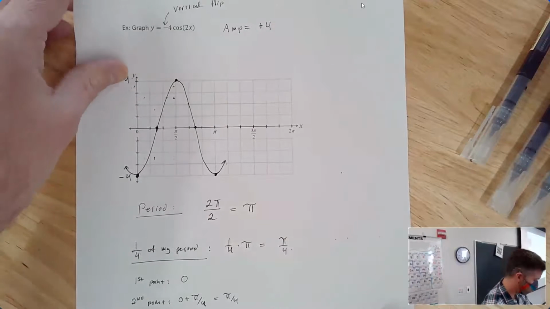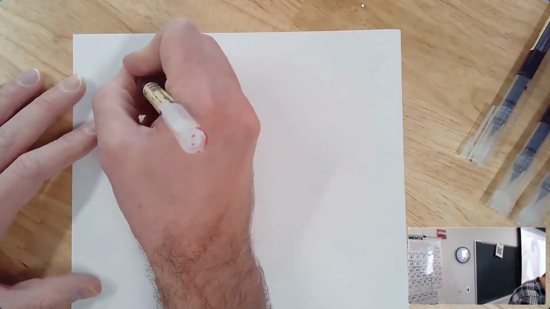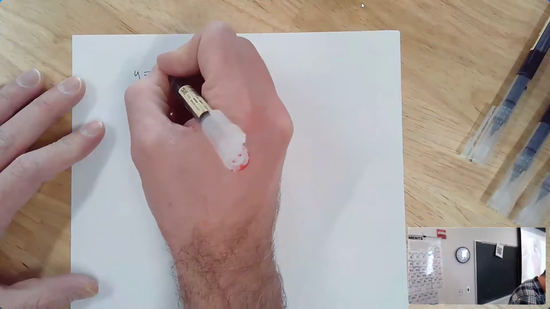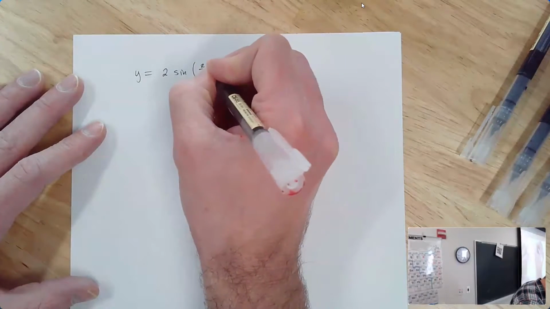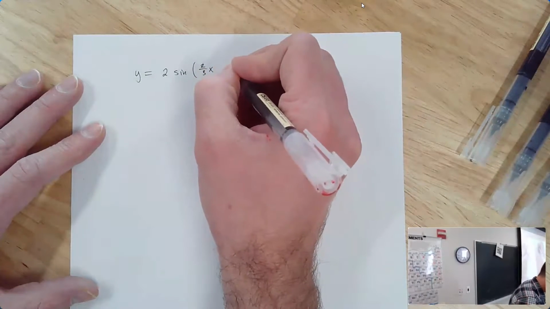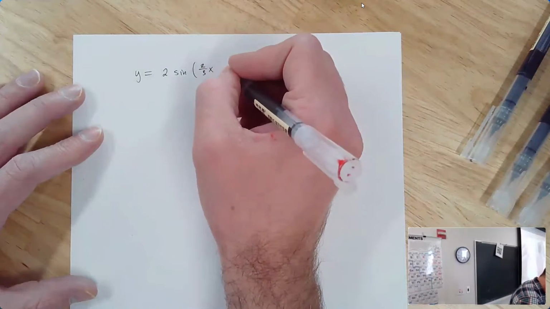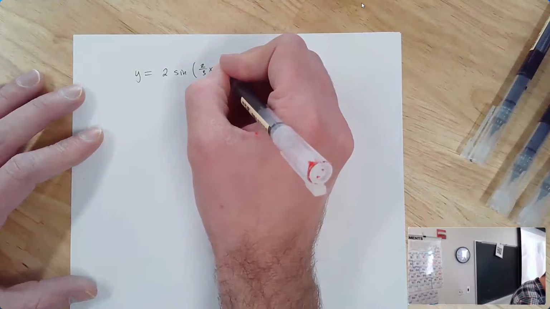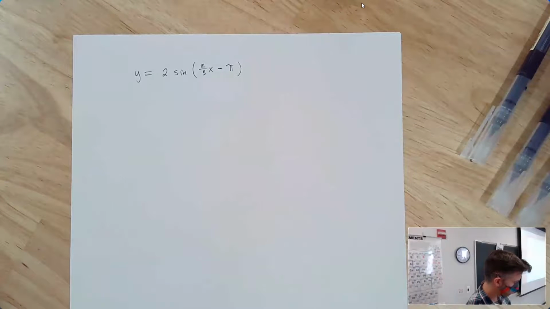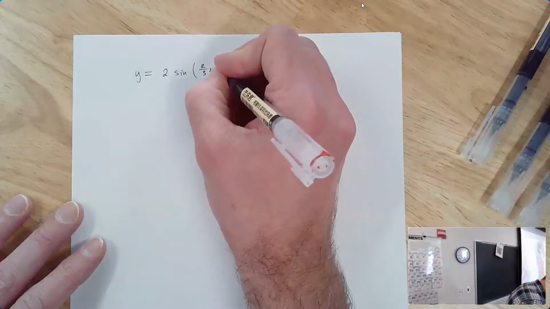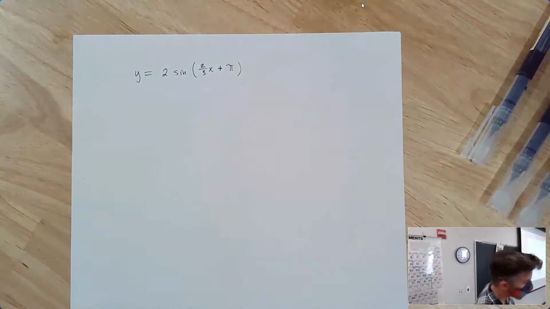Okay, so let's amp up the challenge here. Let's say we want to graph y equal to 2 sine of 2/3 x plus pi.